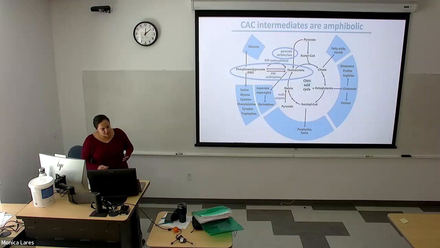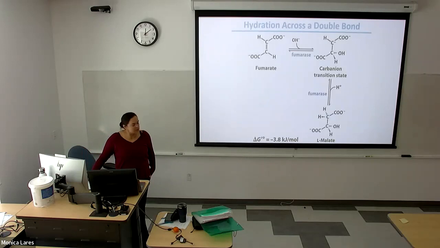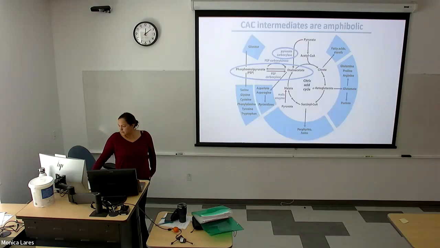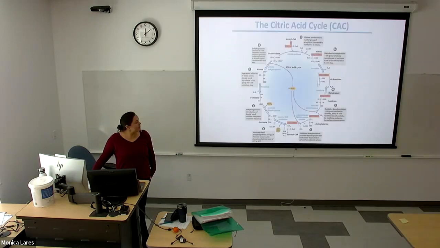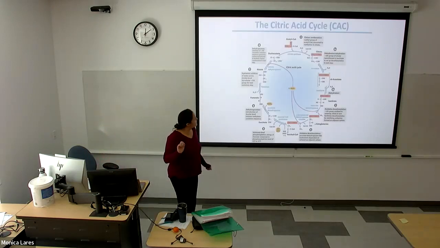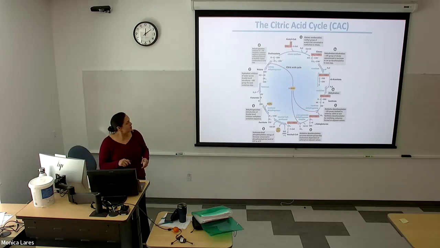So when you look at the delta G values for the reactions of the citric acid cycle, what are the far from equilibrium and near equilibrium reactions? What were the far from equilibrium reactions? Which one was it? Acetyl-CoA, the number one.